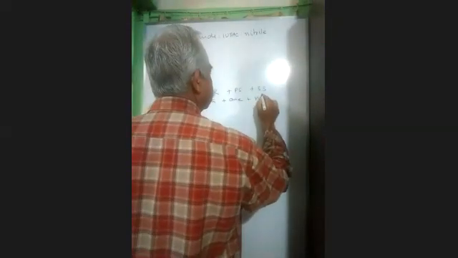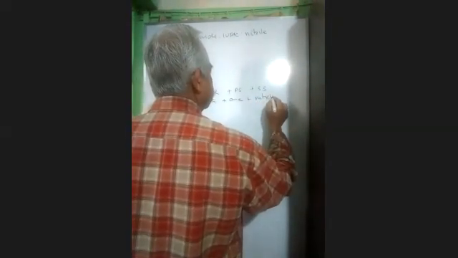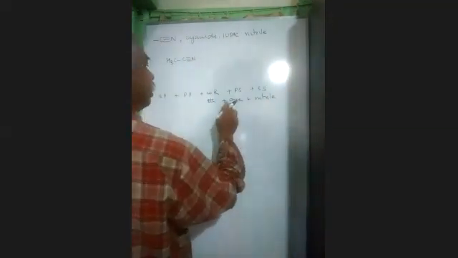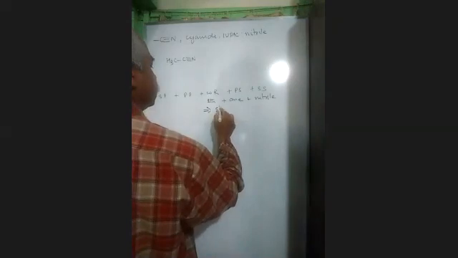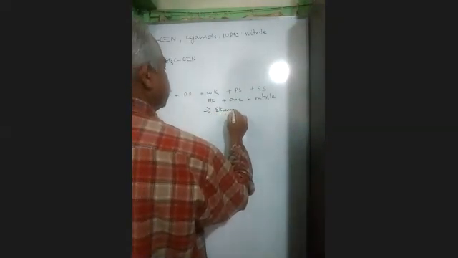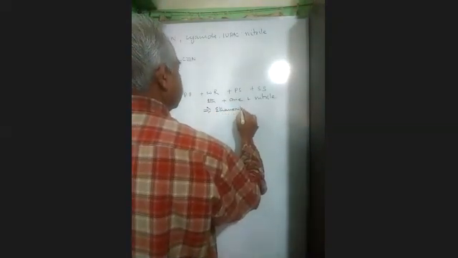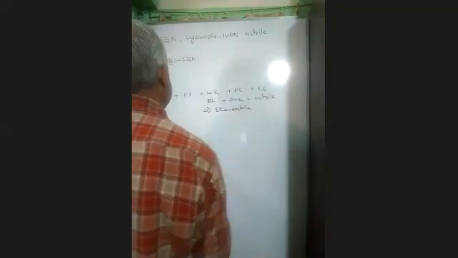What is the name of the functional group? Nitrile. N is not a vowel, so the name of the compound is ethane nitrile. See, easy.